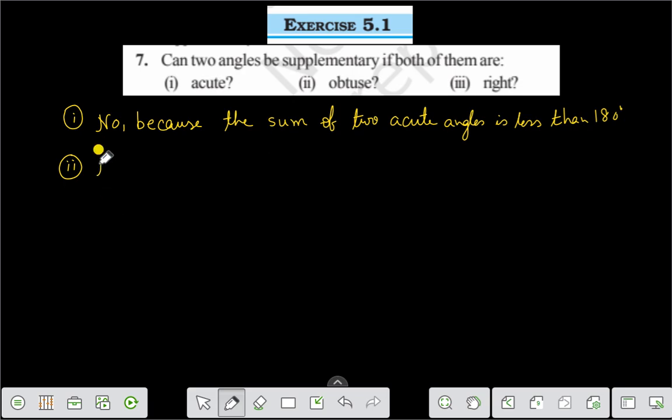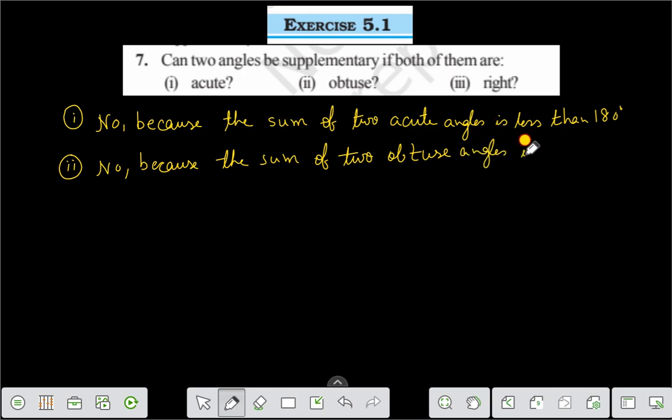That is also no, because the sum of two obtuse angles is greater than 180 degrees.